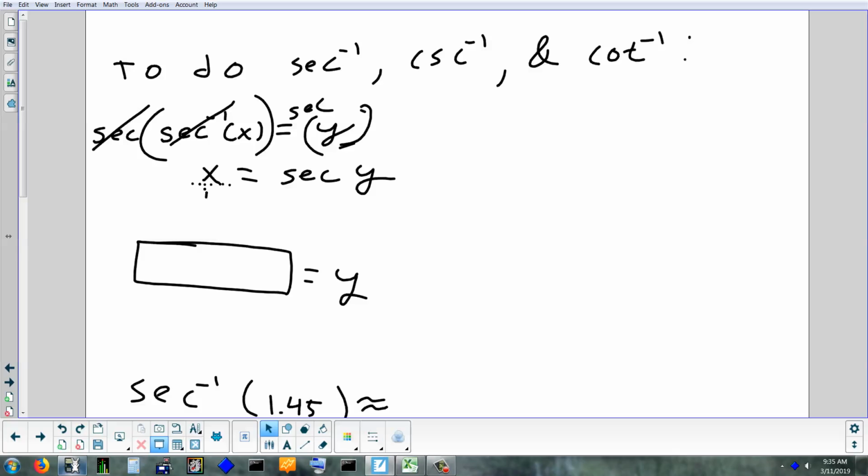Right? Now we've got something we can flip. Aaron, if I flip x over 1, what do I get? Just 1 over x. Equals, and what did we just say? If you take the secant and flip it, which trig function does it turn into? It turns into the cosine.